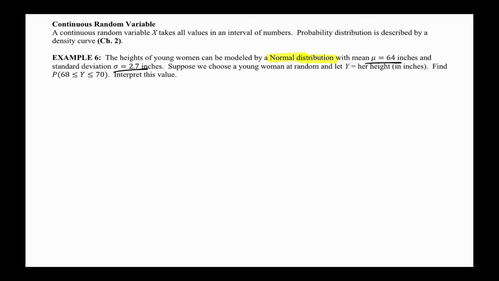Okay, so the question says the heights of young women can be modeled by a normal distribution. I can't make a table for this, right? If I had the heights of all young women, that list would be long, because let's say someone's 5'5" and someone else is 5'5". My wife is 5'3". Let's say there's someone else that's 5'3". They're not exactly the same height, right?